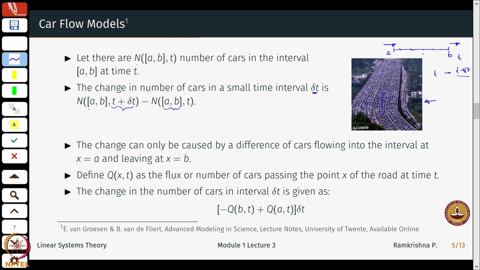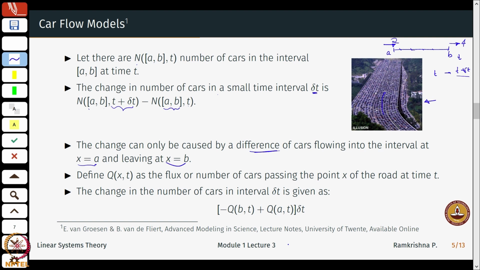The change will be caused only when there is a difference of cars flowing into the interval at x equal to a and leaving at x equal to b. Say there are 2 cars entering at a and say 4 cars leaving at b, then there is a change, right, kind of obvious. Okay.